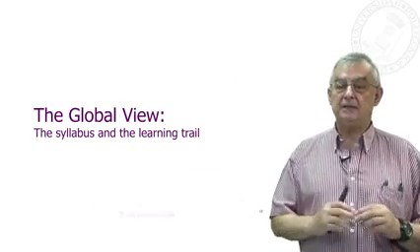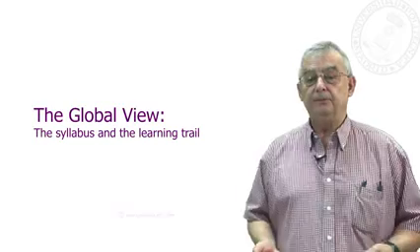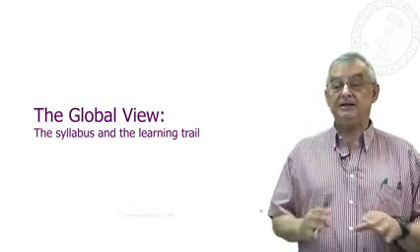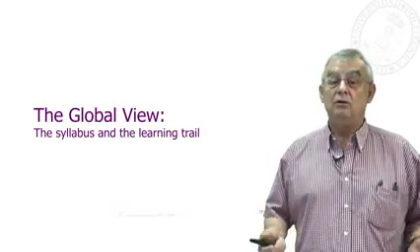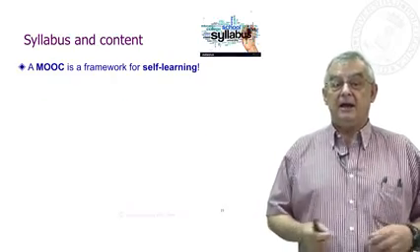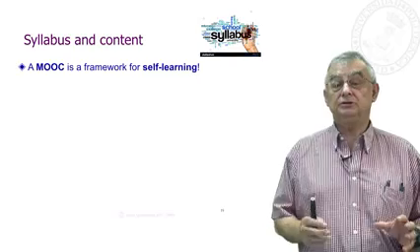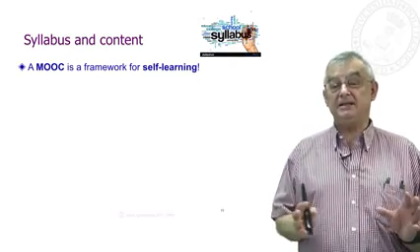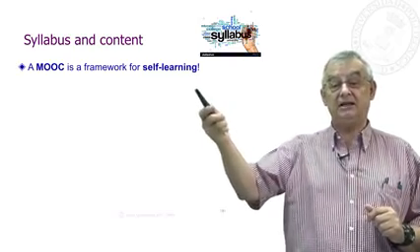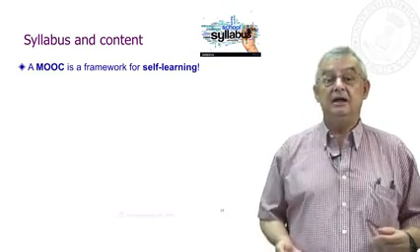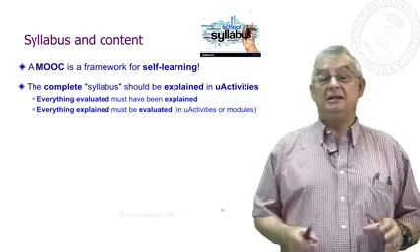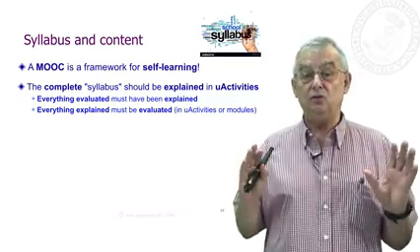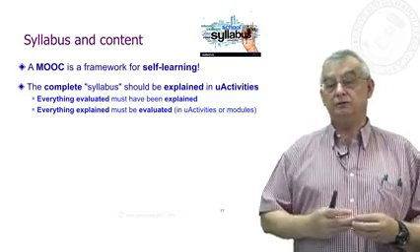Let's go now to the global view, which is basically our program, our syllabus, and the learning trail, the learning workflow we create for our learners. The syllabus must be designed taking into account that this is a self-learning environment where everything must be explained. The syllabus must contain everything you want your learners to learn.